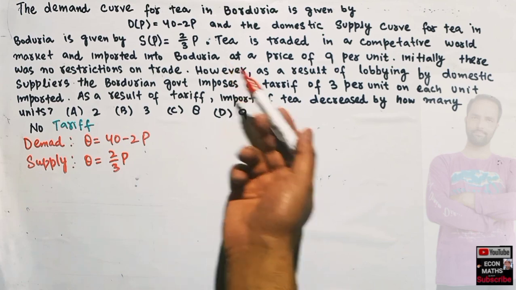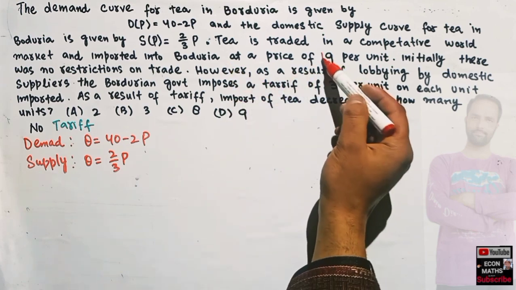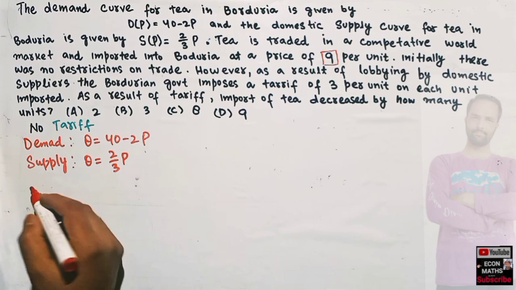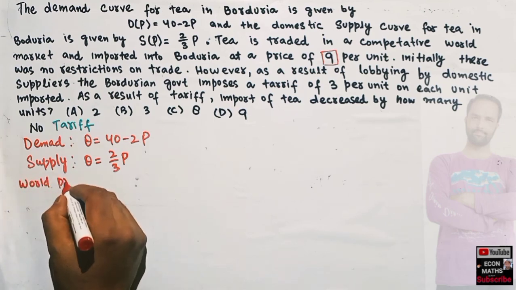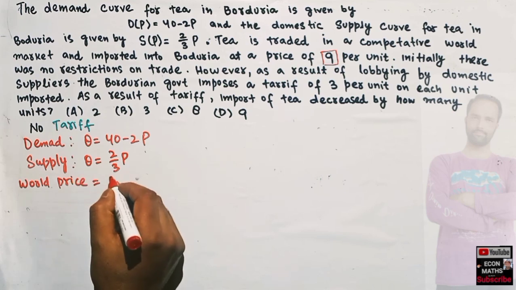And what is the world price? World price is 9 per unit. Let me write it here: world price is equal to 9.